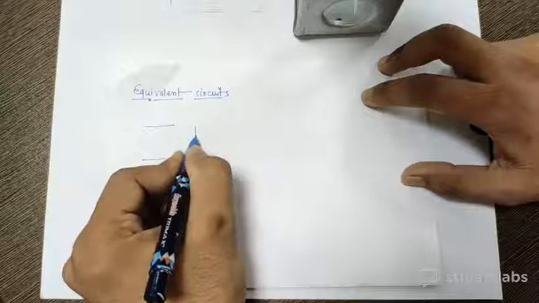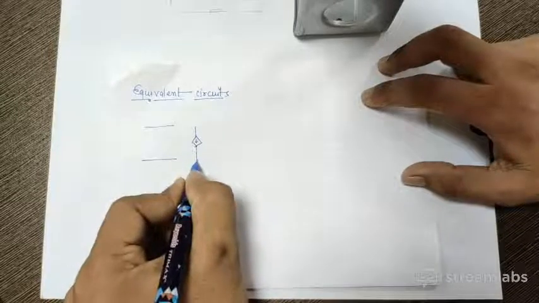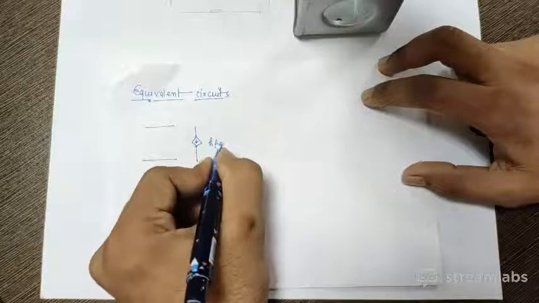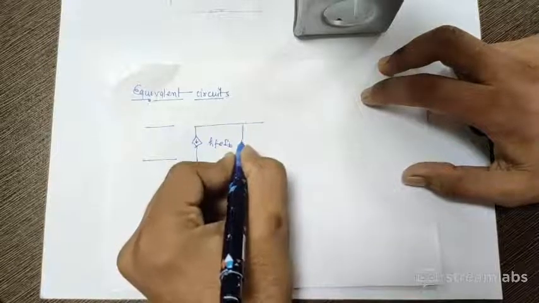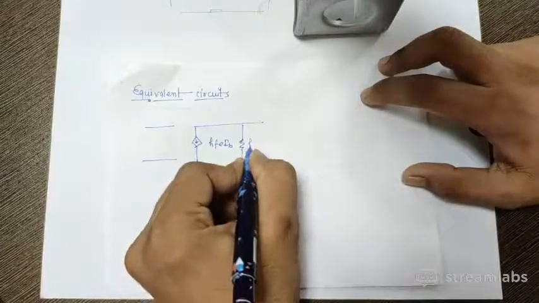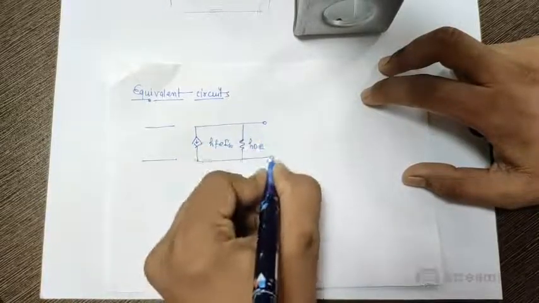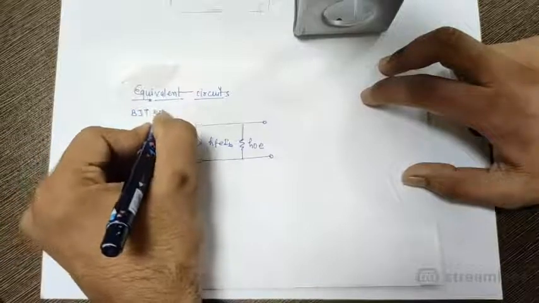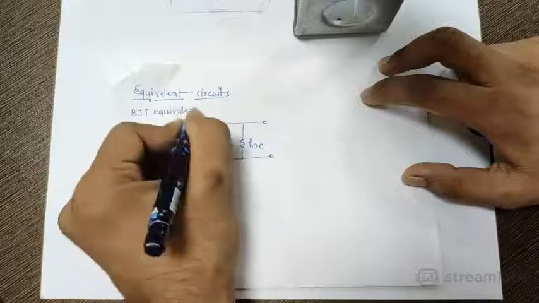If you have already studied analog circuits, the BJT is like this, hfe ib, and here a resistance hoe, using H parameters. This is the equivalent circuit of BJT, bipolar junction transistor.